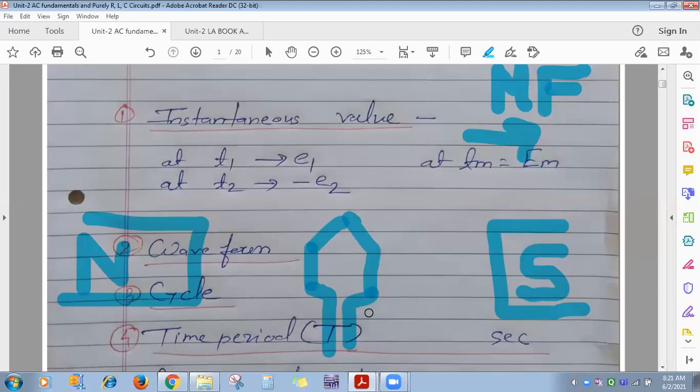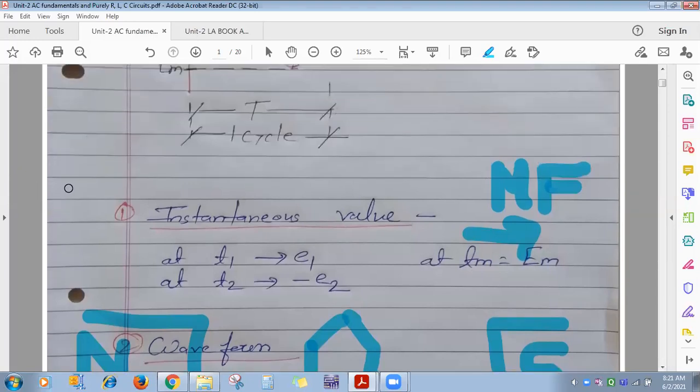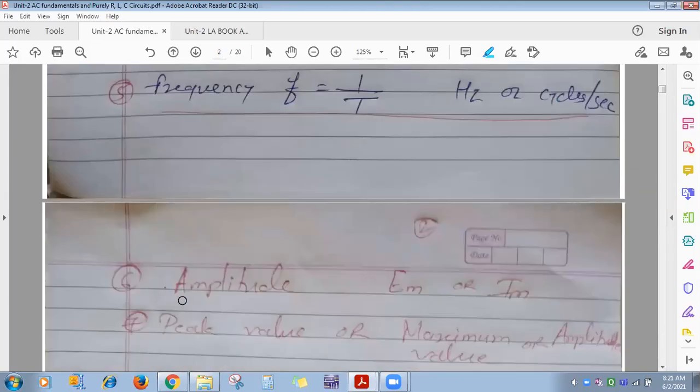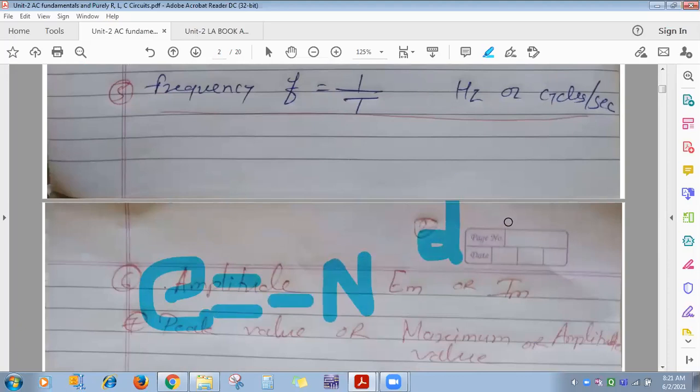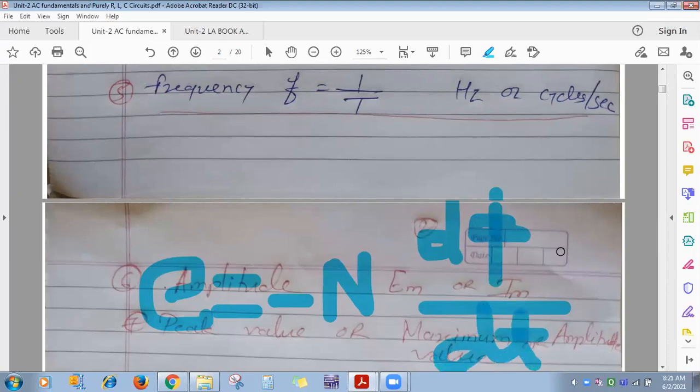Whatever this induced EMF, its magnitude is E equals minus N d phi by dt. Whenever there is a rate of change of flux, EMF gets induced in the conductor. If this d phi by dt is 0, no rate of change of flux is there, and no EMF gets induced in the conductor.